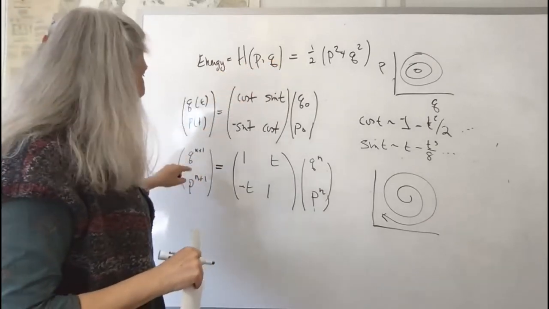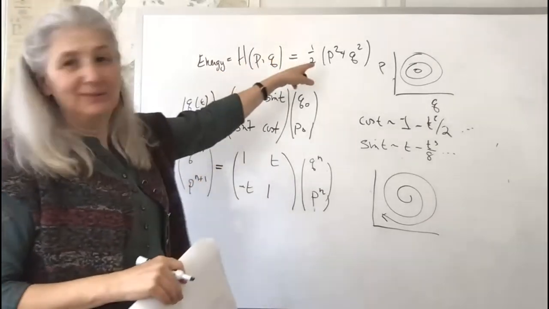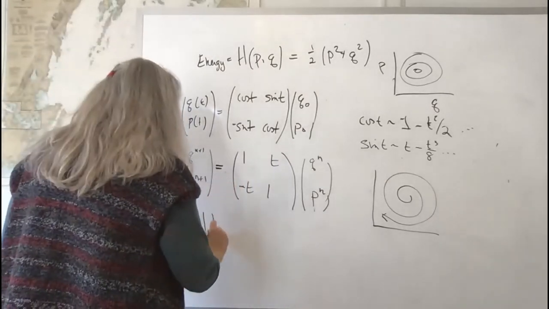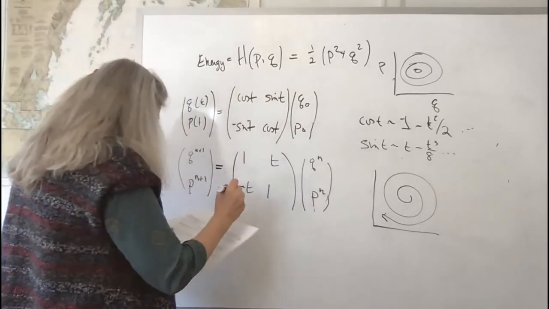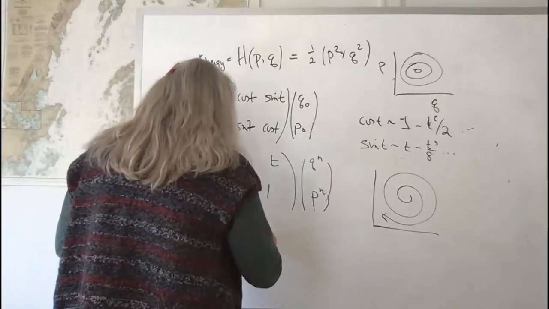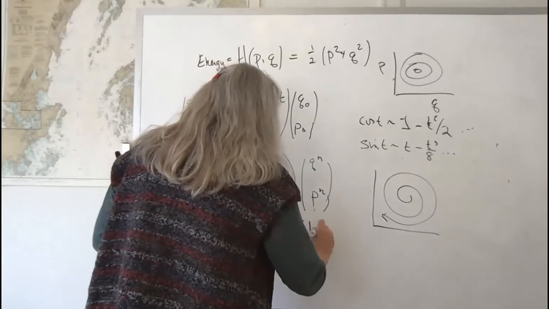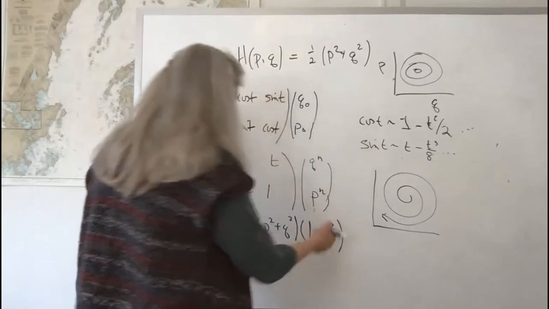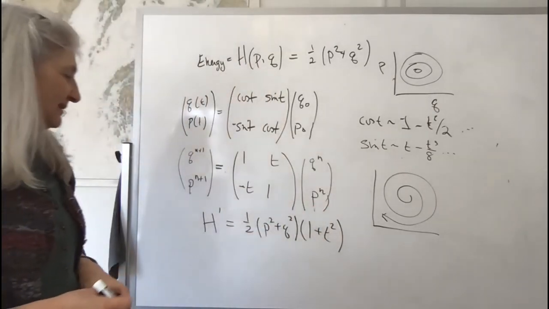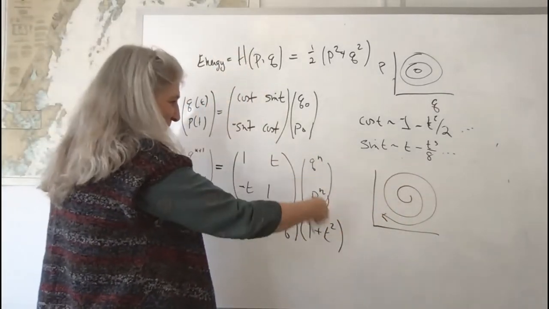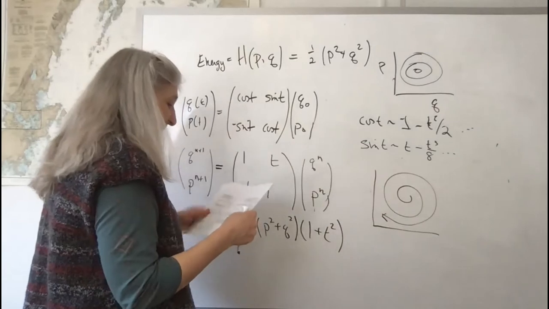So I just take the new P and Q and put them in there, and we'll find out what the new energy is. The new energy after taking a single time step looks like this: P squared plus Q squared times 1 plus T squared, where T is the time step. So after taking many time steps, it will increase.